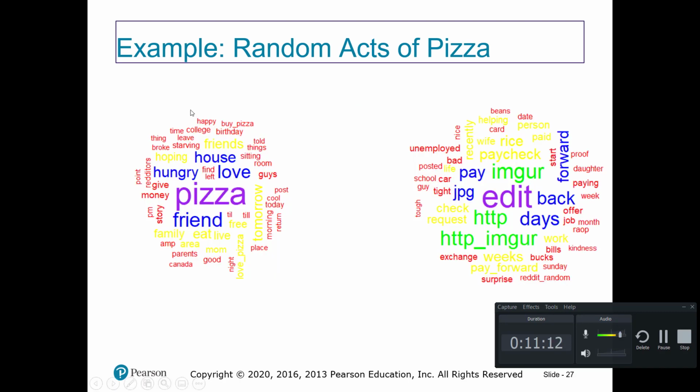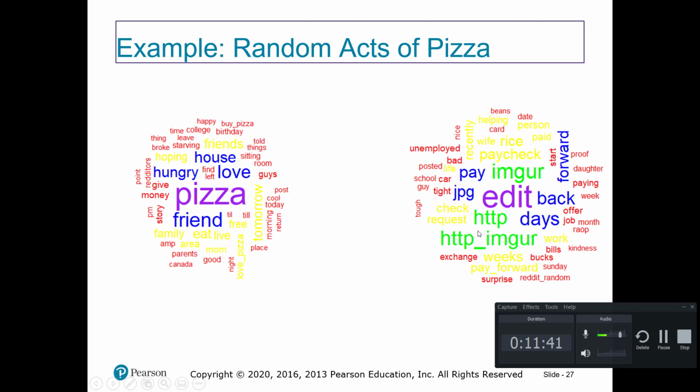I also did a little word cloud where we looked at the most common words and combinations of words, called bigrams, for those not awarded a pizza and those awarded a pizza. If you just say, I asked for a pizza, you're unlikely to be awarded one. Things like time, college, leave, starving, just general things.